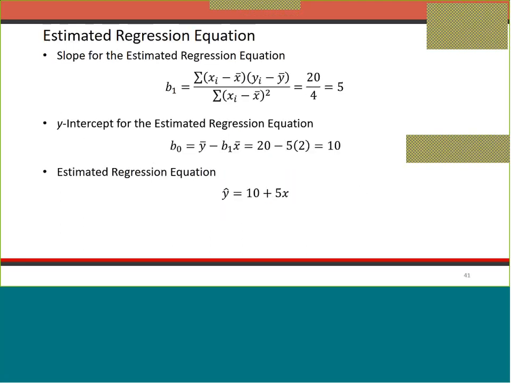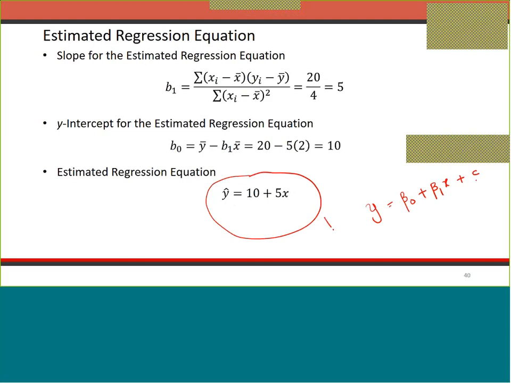Then so far we have calculated a relationship like this. This is the linear relationship between x, the independent variable, and y, the dependent variable. Please remember, here we have done it for a sample. Yes or no? Because originally the model must be y equal to beta naught plus beta 1 x plus epsilon.